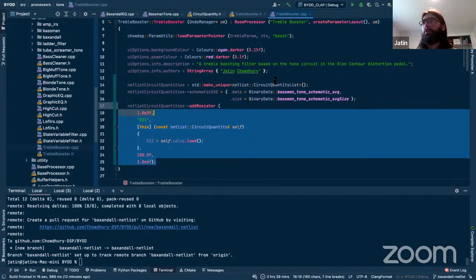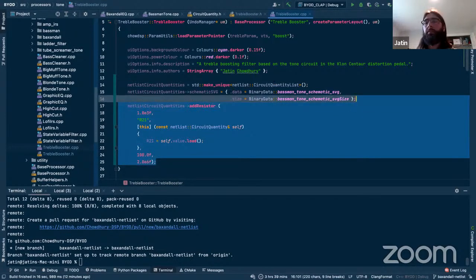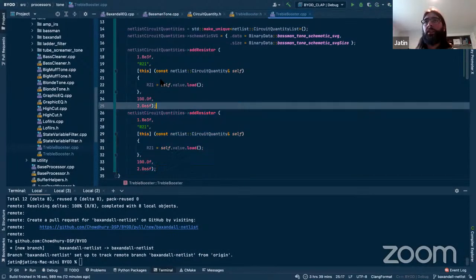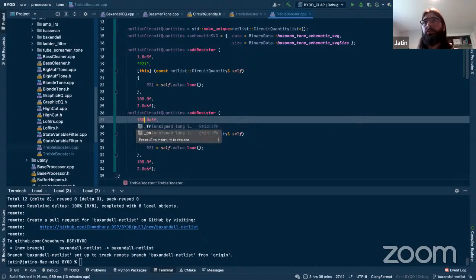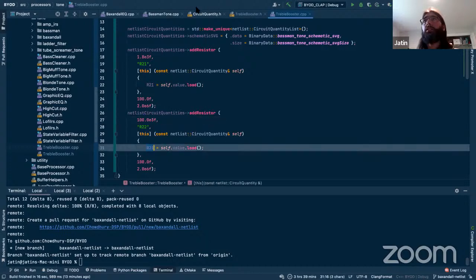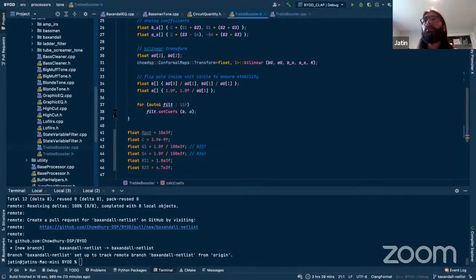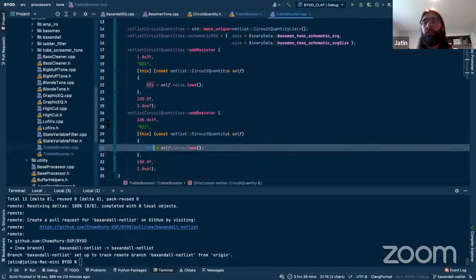We may need to back off those limits a little bit if things go unstable, or maybe we need to deal with our pole flipping differently. We'll find out. So next we want our R22. This one is 100K. And we said that R22 corresponded to G1.